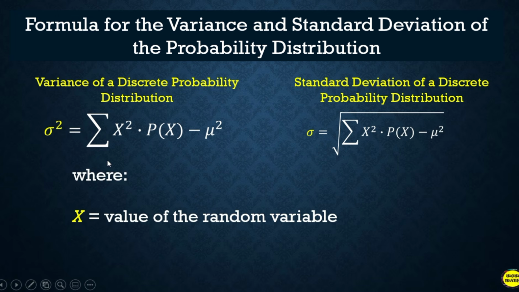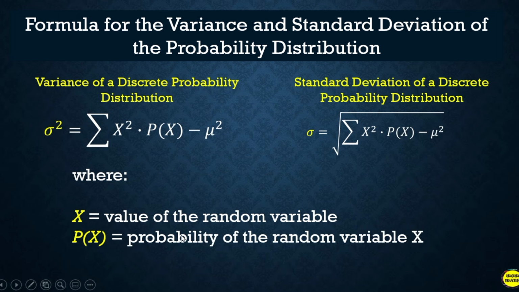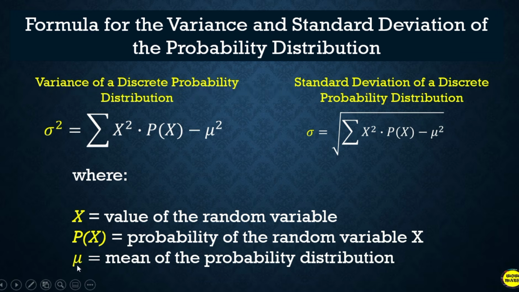Alright, so yung x natin dito, that is the value of the random variable. And then yung p of x, that is the corresponding probability ng values ng random variable. And yung mu, yung symbol na ginagamit natin for mean of the probability distribution. Okay, so tandaan lang natin yung formula na to.